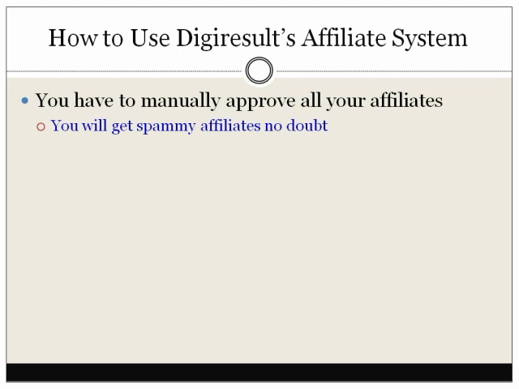So you want to make sure that you manually approve the legitimate affiliates and disapprove the affiliates that are not legitimate. Now, the thing about Digi Results that I like is you will receive an email that so-and-so has applied to your affiliate program.